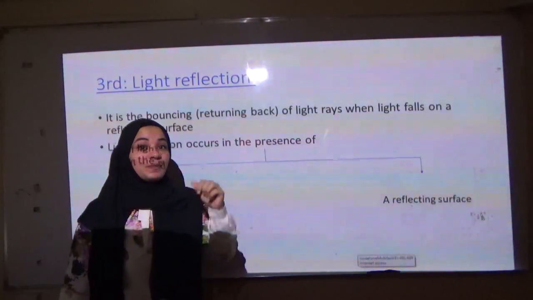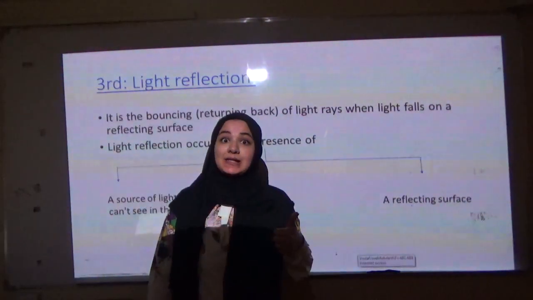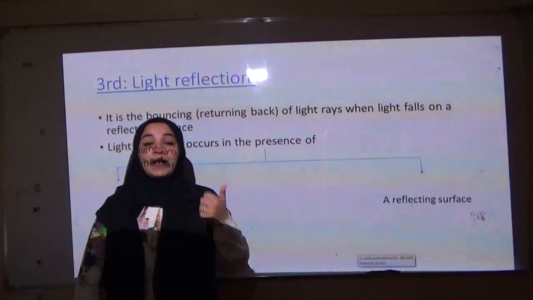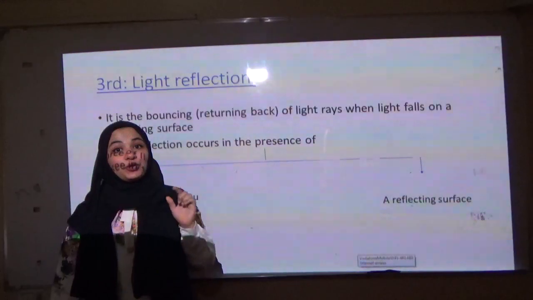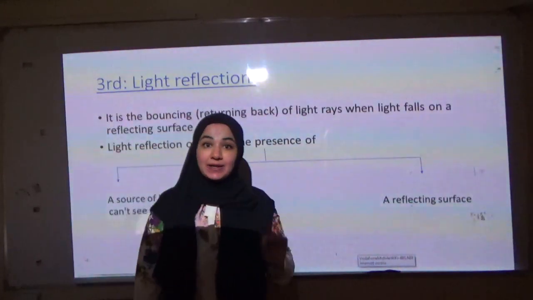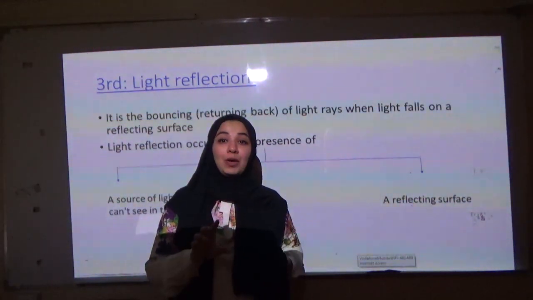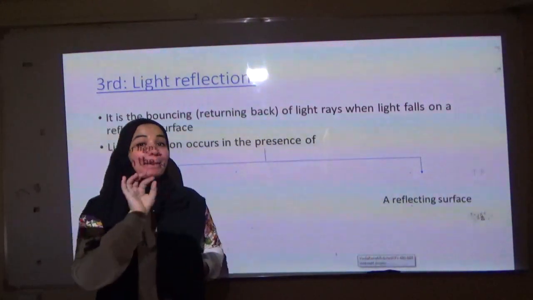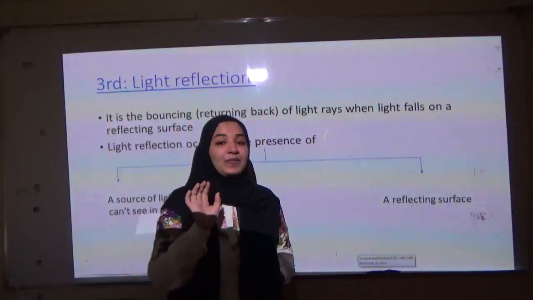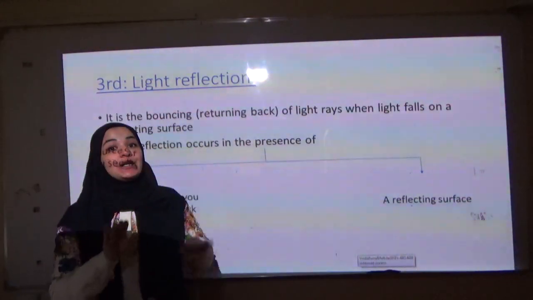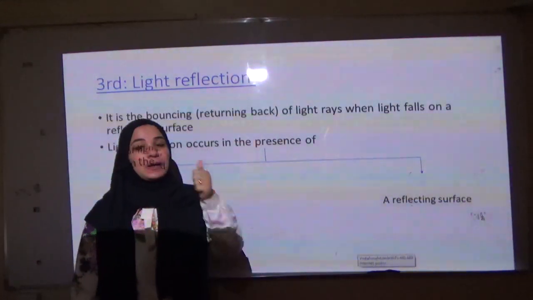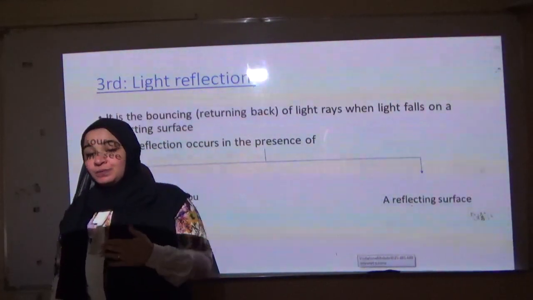As you remember, the transparent materials, that light can pass through clearly, and the semi-transparent or translucent materials, that light can pass through but not that clearly, an object can be seen but less clearly, and the opaque materials, which light does not pass through. So this is the first and second property.